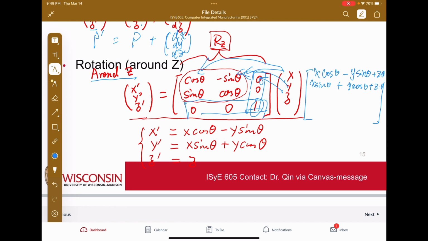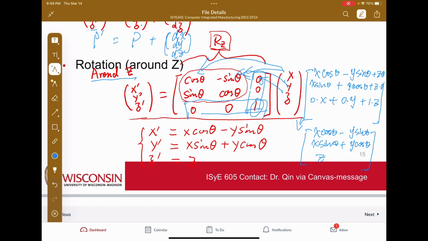For the last row, we have 0 x, 0 y, and 1 times z. After simplifying this, we will get x cosine theta minus y sine theta, x sine theta plus y cosine theta, and z.